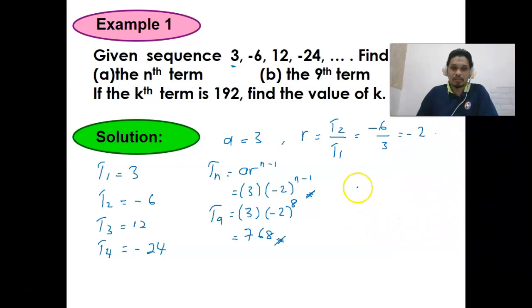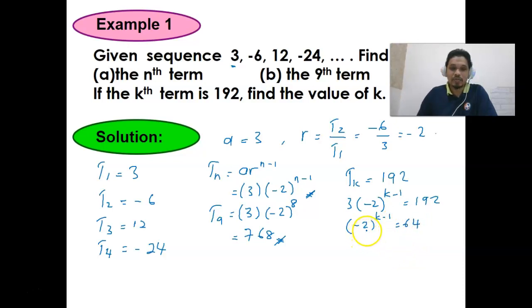What about the kth term, given that tk equals 192? So 3 times negative 2 to the power of k minus 1 equals 192. Then negative 2 to the power of k minus 1 equals 192 divided by 3, which equals 64.